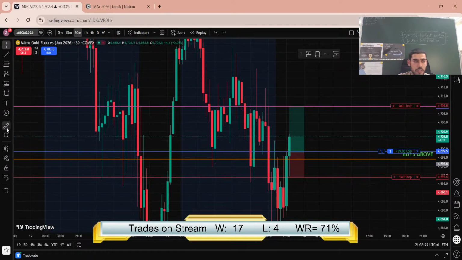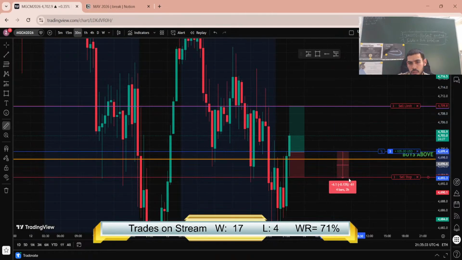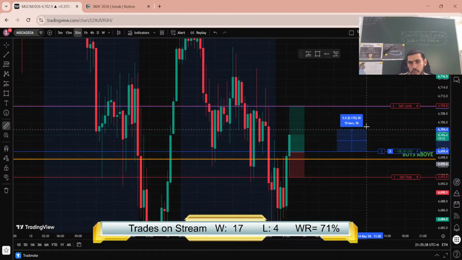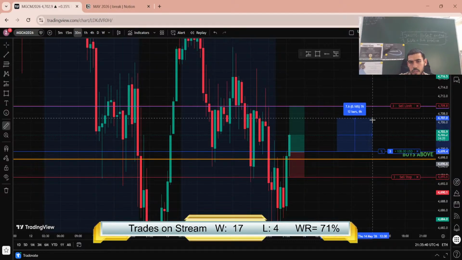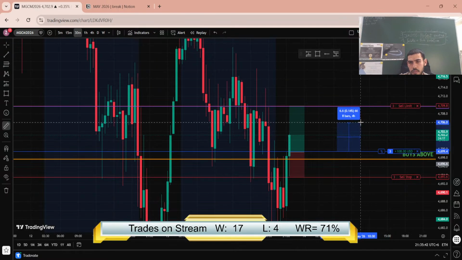So how much is this? This is more than 1-to-1, I think. So this is about 61 pips, let's say 60 pips, so I should probably secure something about 60 pips right here.